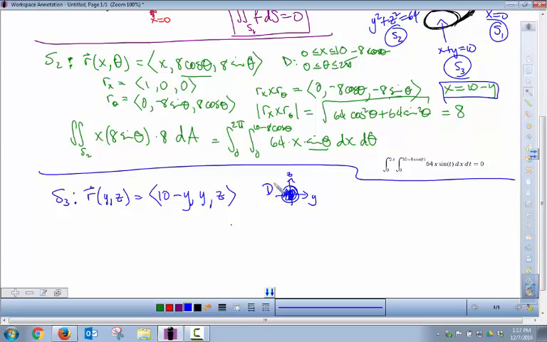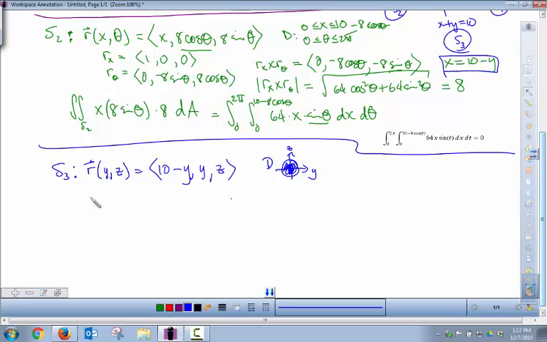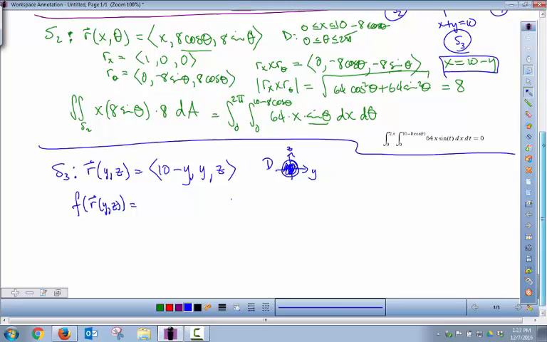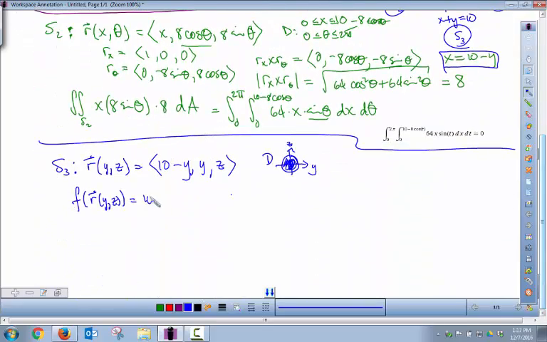All right, let's see what we're going to get out of this. It looks like we're going to have to do f composed with r of y,z, and f is x times z, right? So I have 10 minus y times z.